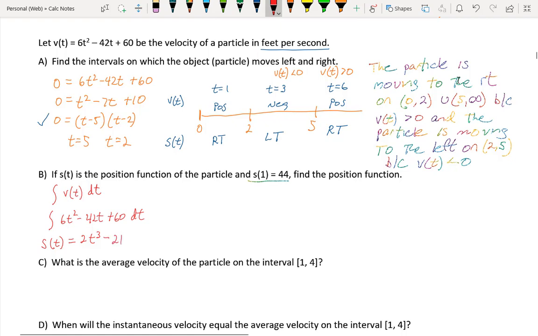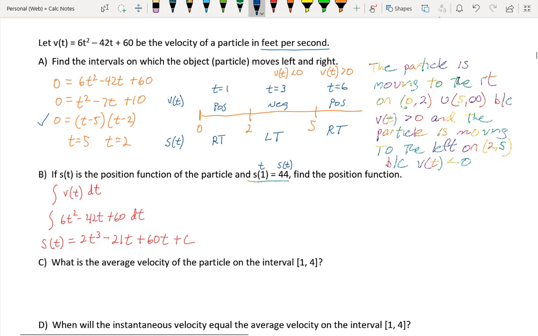It's going to be 21t squared, and the antiderivative of 60 is going to be plus 60t, and then our plus c. And so again, because they gave me a point 1 comma 44, all I need to do is plug that in. This is s of t right here for 44, and the 1 represents t.